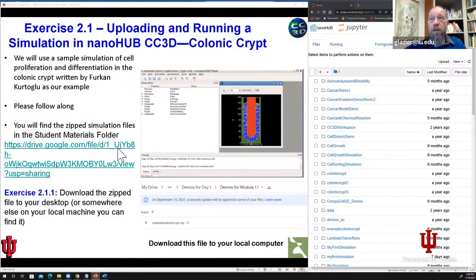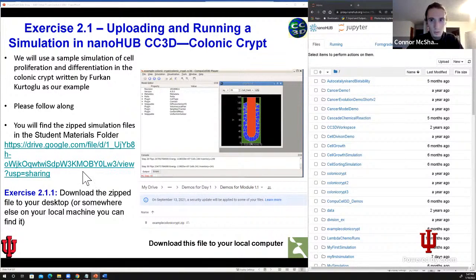We're going to use a simulation that was actually written by a grad student here, one of Paul Macklin's PhD students when he took this course a few years ago. It's a simulation of stem cell development in the colonic crypt. The first thing you'll need to do is go to that link in the chat for the Google Drive and grab the zipped folder.